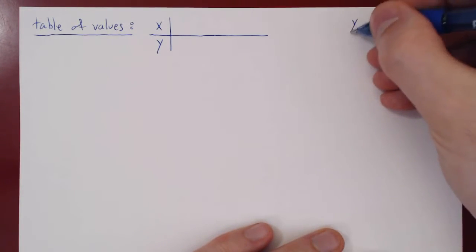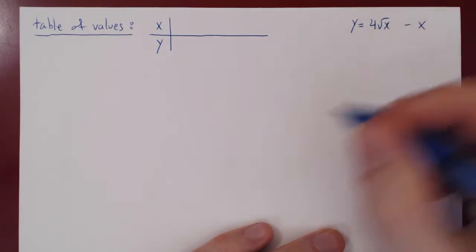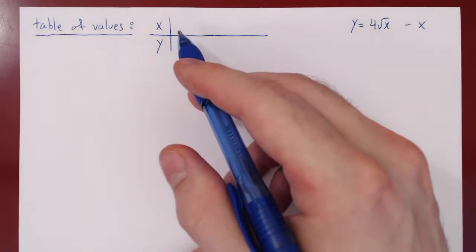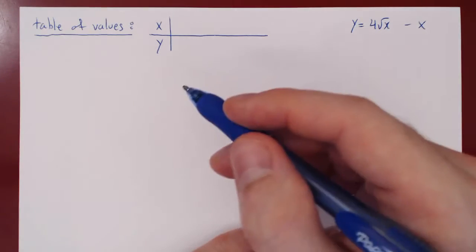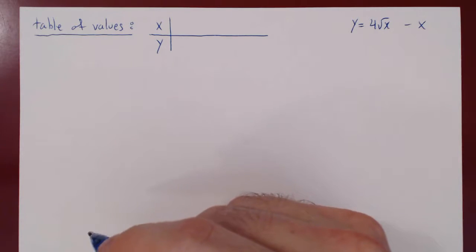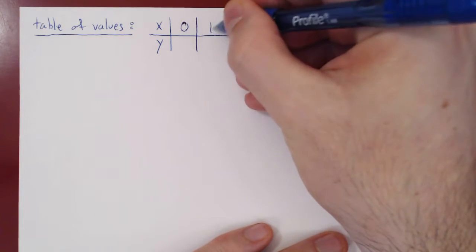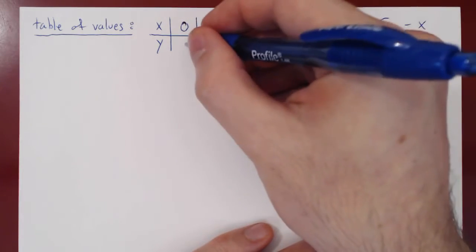Recall that the function y is given by 4 root of x minus x. And we only look initially at the points of interest, the zeros, the y-intercepts, the critical and inflection points. We found 2 zeros when x was 0 and 16. At both of these points, y was 0.